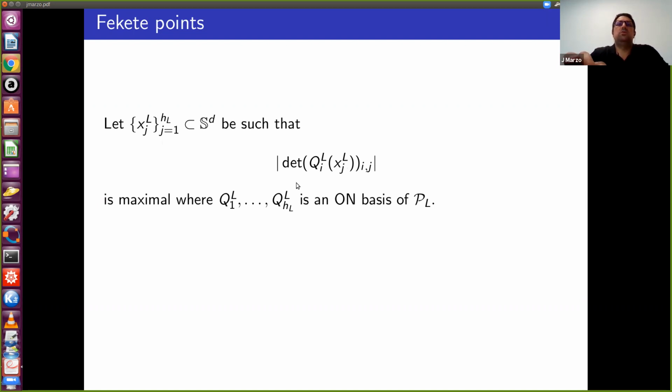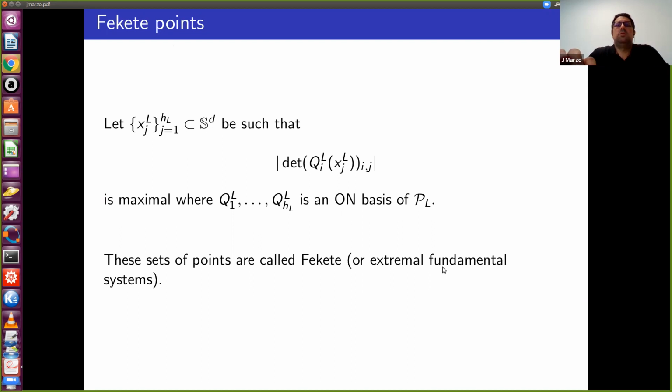Here the Q_i are polynomials forming an orthonormal basis, fixed, and the function is a function of the points x_j, which are HL points on the sphere. These points are called Fekete, or also extremal fundamental systems, if the absolute value of the determinant is maximal.